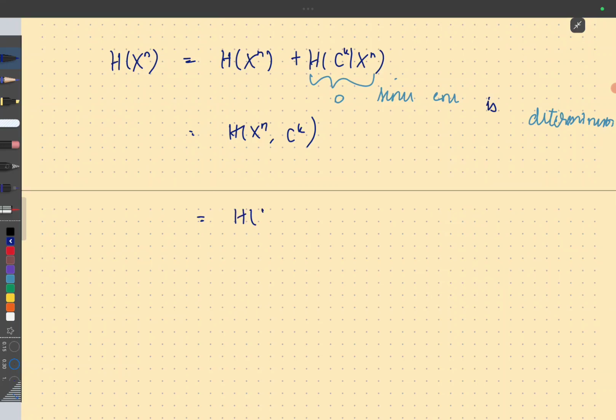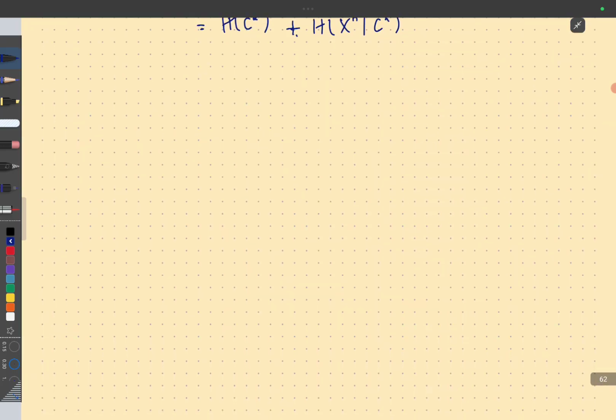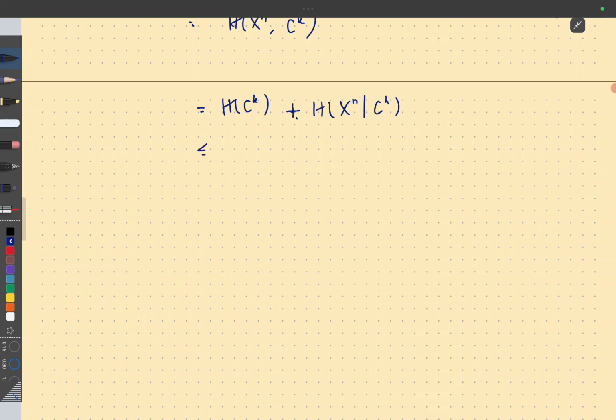So this is equal to the entropy of xn given ck plus the entropy of ck. Right? But the entropy of ck is at most k. Right? Because ck is a sequence of k bits where k is fixed. Plus h of xn given ck.